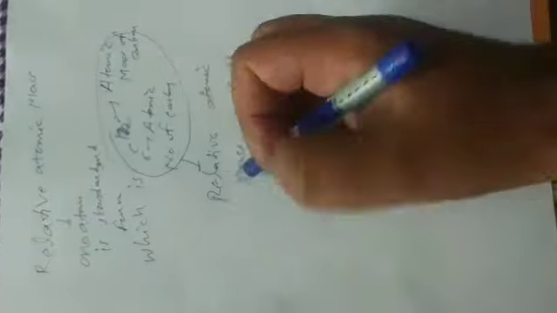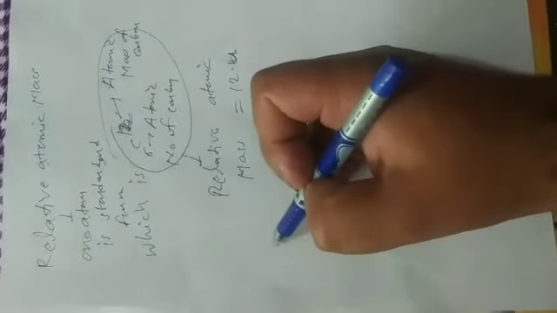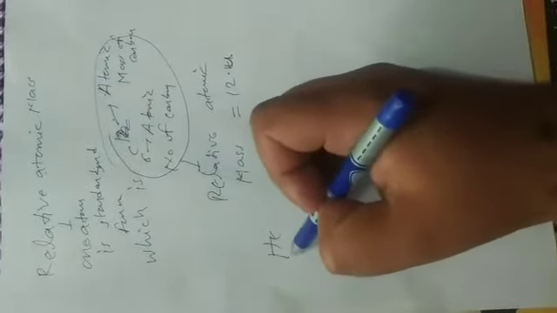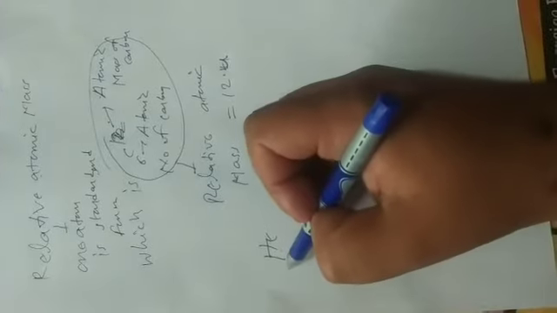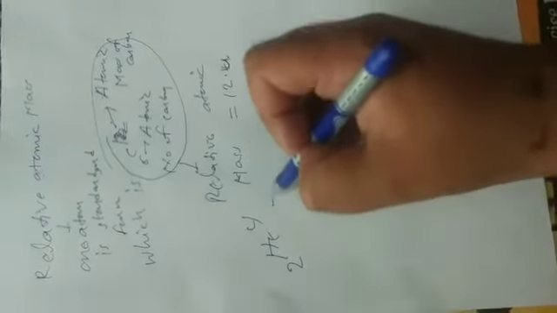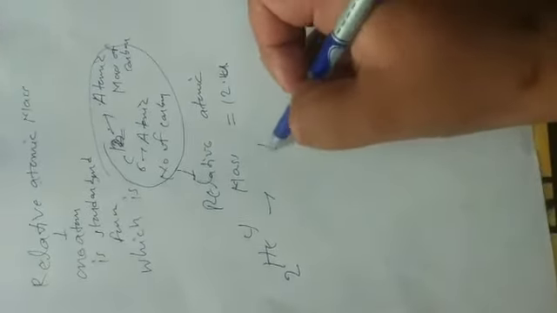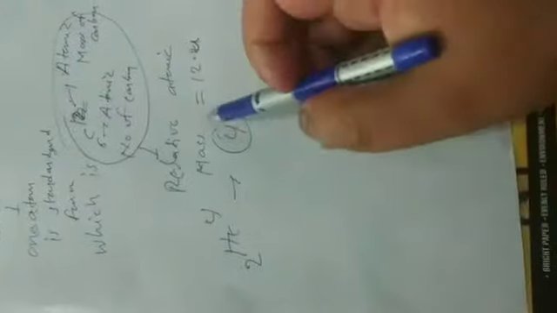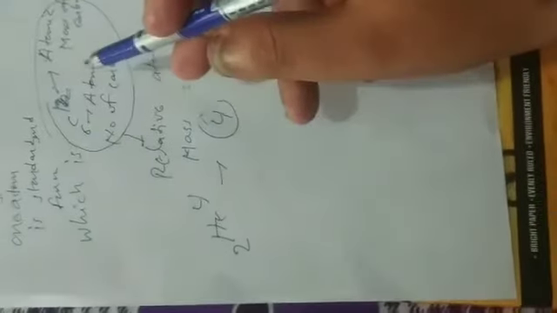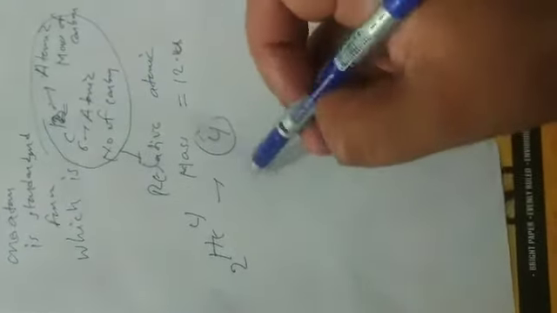which relates the atomic masses of other elements. Suppose in the case of helium, 2He4, the atomic mass is 4. So we compare with C-12.